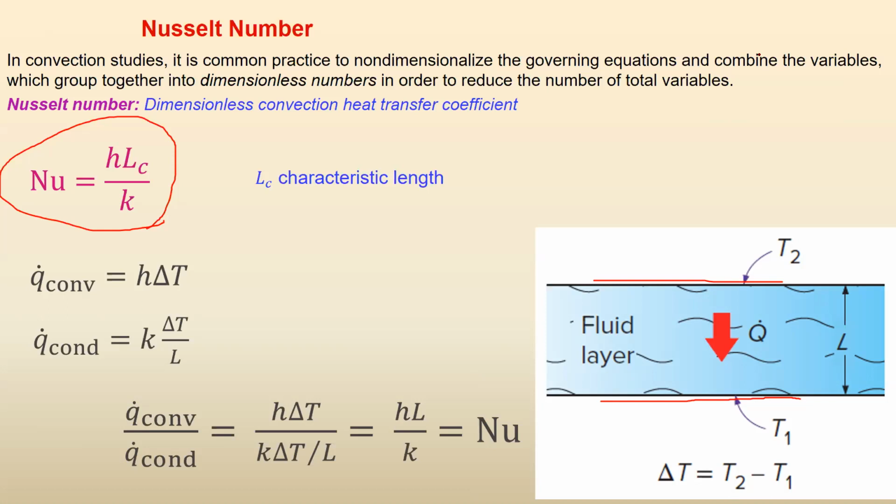Now, let's look at this from two different perspectives. Let's say fluid is not really moving in vertical direction and is just working as a solid medium. In this case, the heat transfer is only happening in the form of conduction.